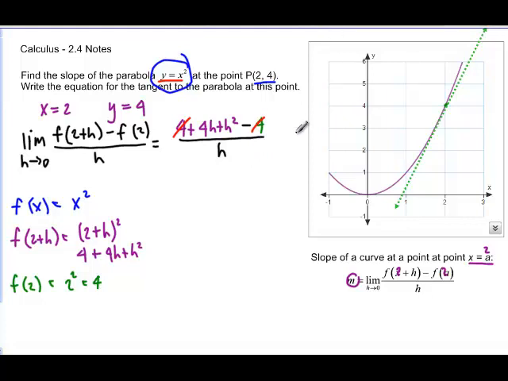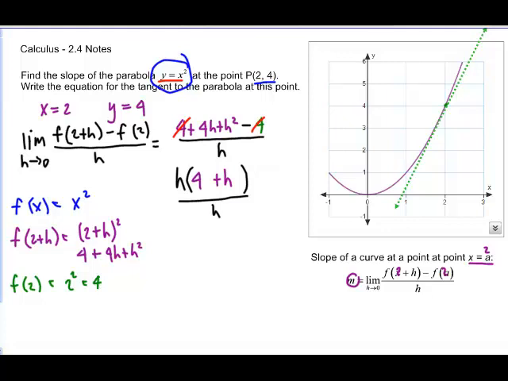And so when we do this, we can factor that h out on the top. Notice we've got h's everywhere. And then the h's cancel. Wait a second. This should be 4 plus h. There we go.